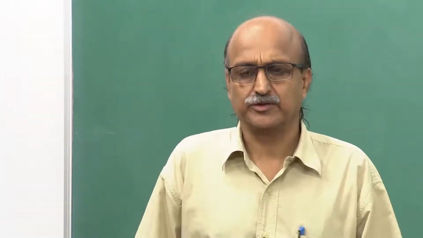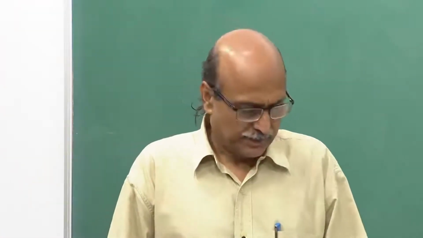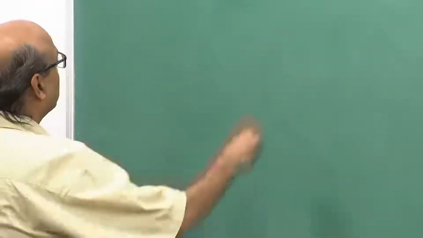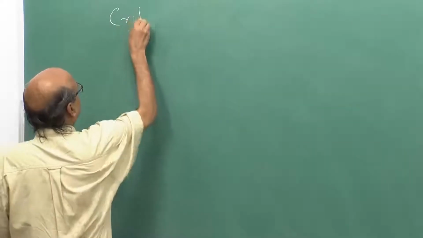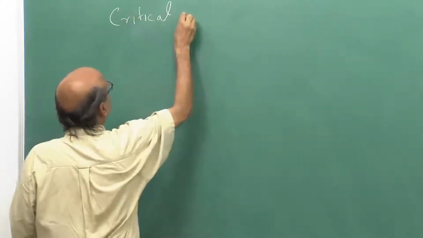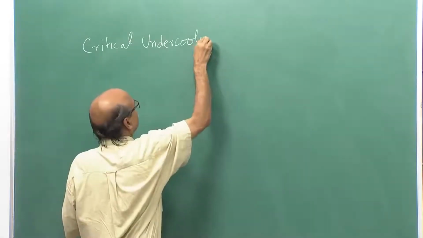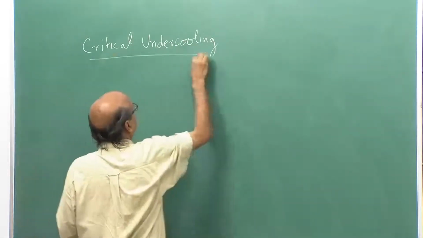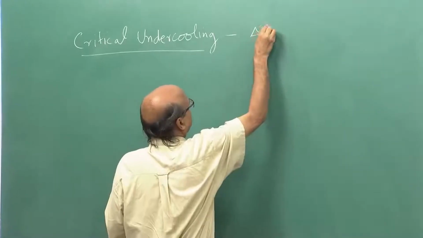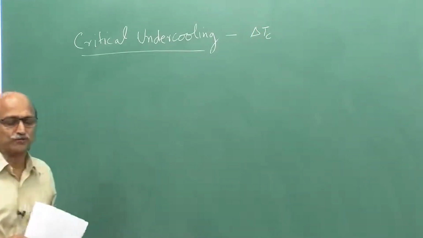Continuing our discussion on nucleation rate, today we are going to talk about critical undercooling, delta Tc. Now what do we mean by this?